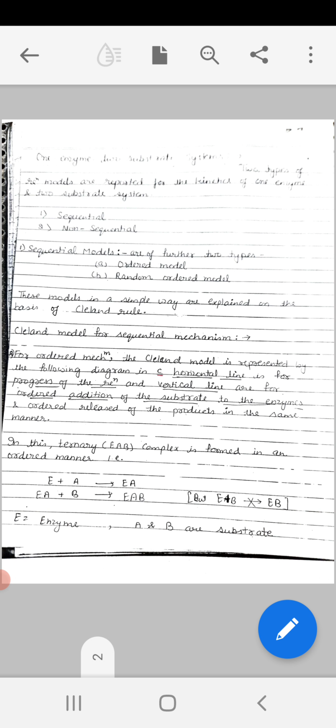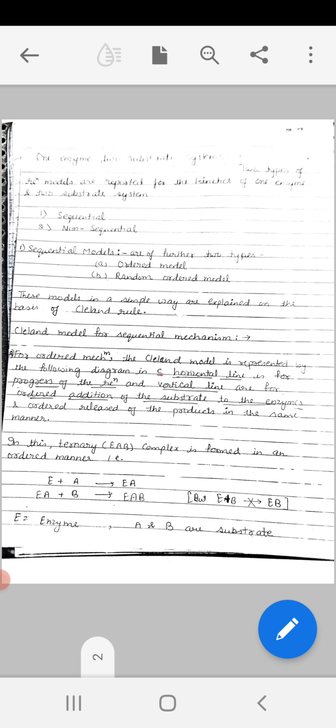These models, in a simple way, are explained on the basis of the Cleland rule. Cleland's rule defines these models. This is Cleland's model for sequential mechanisms.